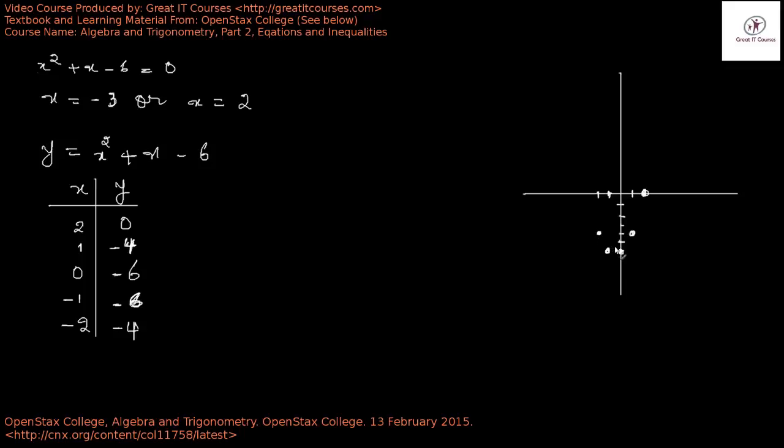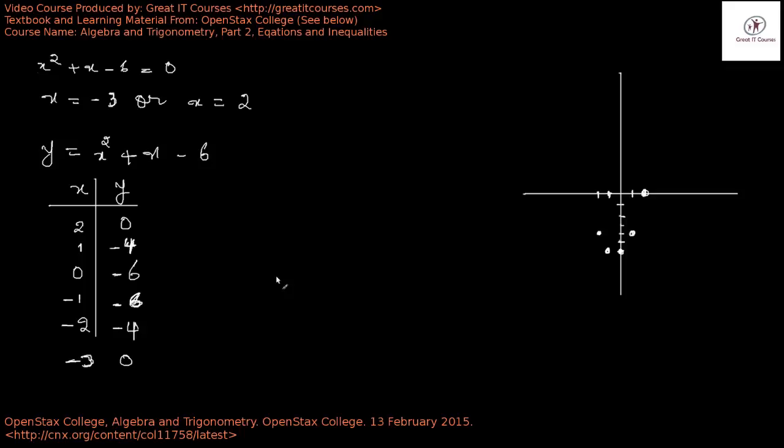And it seems to me that now if I got another point over here, for example minus 3, let's see what minus 3 gives. Minus 3 squared is 9, 9 minus 3 is 6, 6 minus 6 is equal to 0.